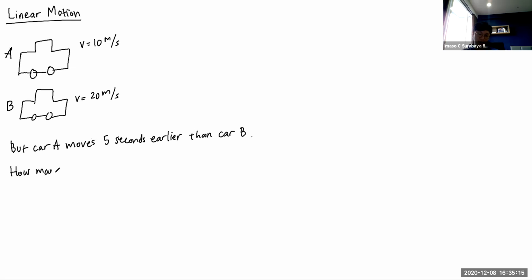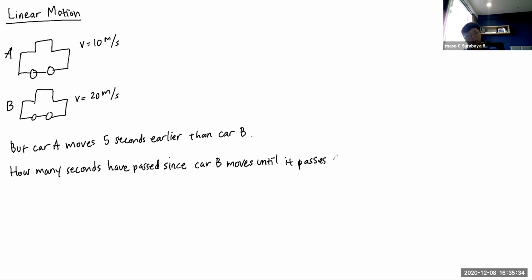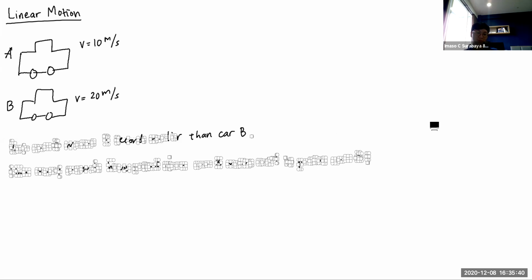How many seconds have passed since car B moves until it passed car A? Okay, how to do this?